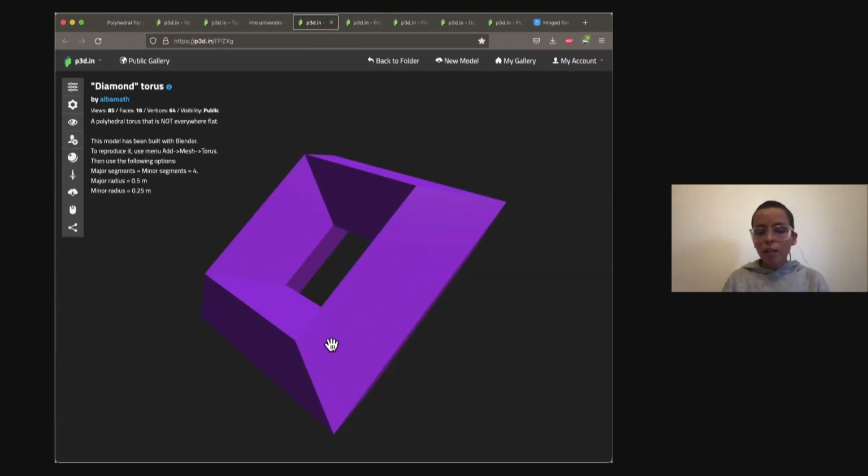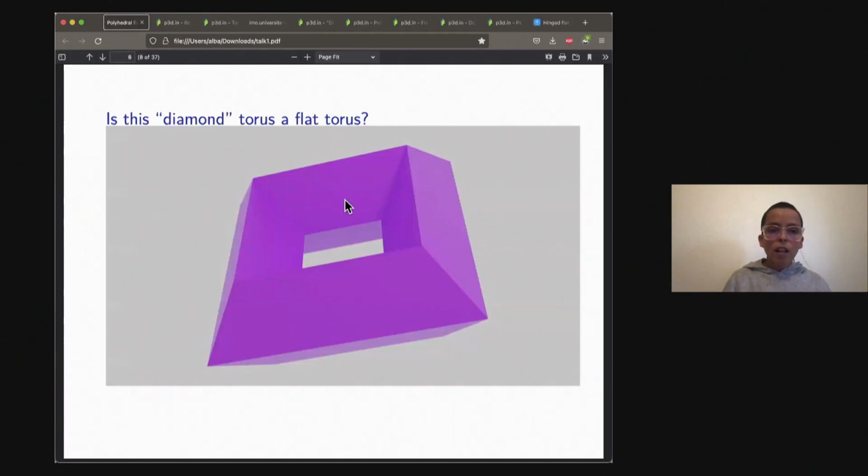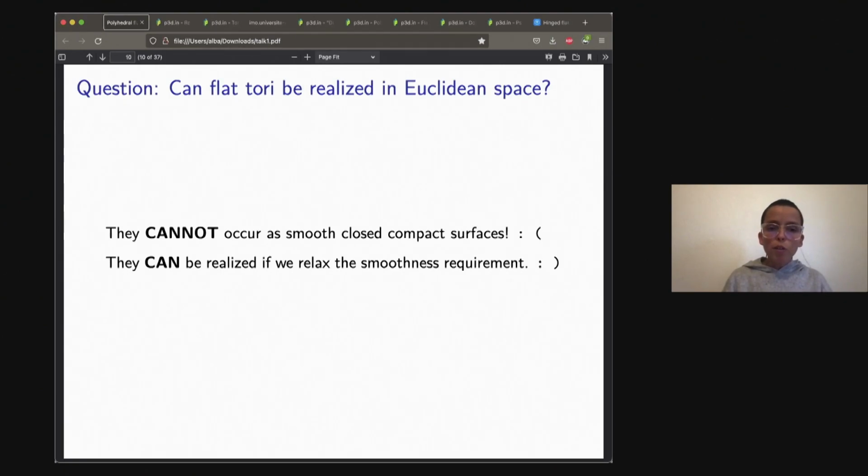Why? Well, you can see easily that inside each face you have flat geometry, but on some corners you will have too much angle, more than 360 degrees, and on some corners you have not enough angle, less than 360 degrees. This other example also is not a flat torus, and unfortunately, if we want a smooth realization of the torus, it's not possible to do so in Euclidean space, but if we relax the smoothness requirement, it's absolutely possible.